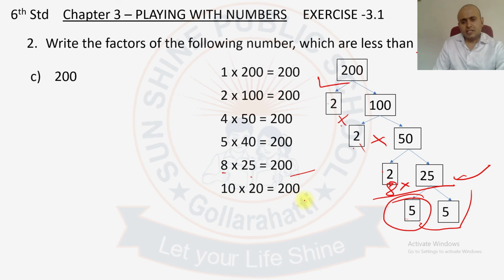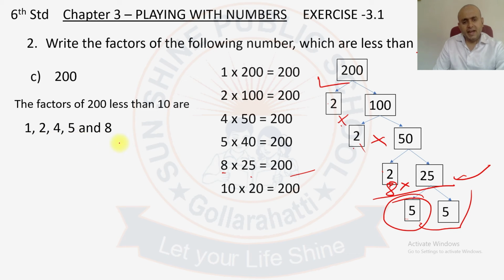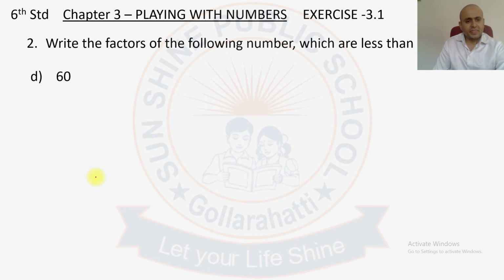So if you divide 40 by 5 it comes 8, 10 20s are 200. The factors of 200 less than 10 are 1, 2, 4, 5 and 8. So these are the factors which are less than 10.